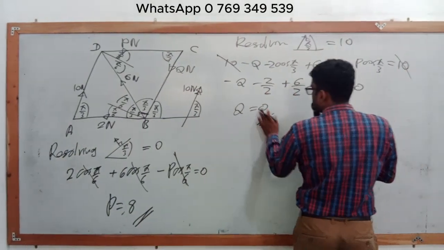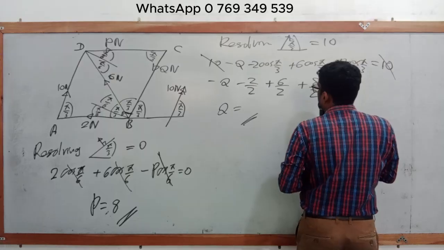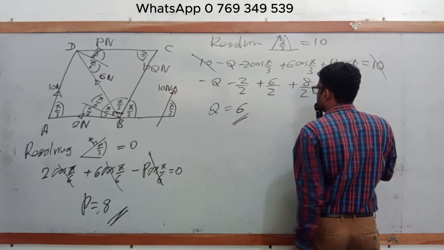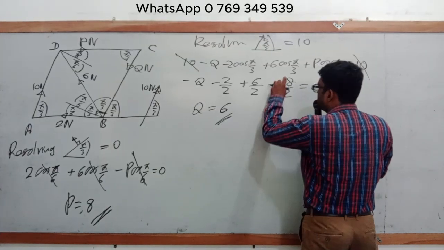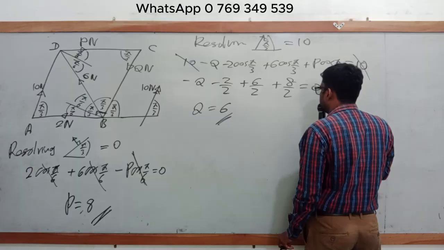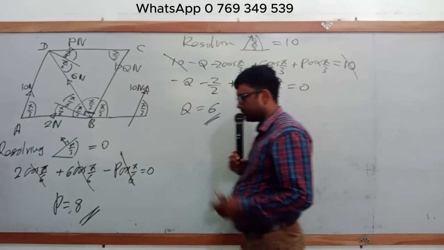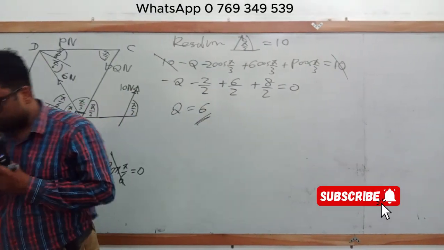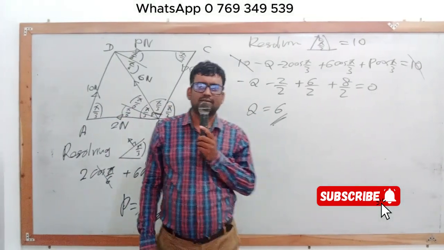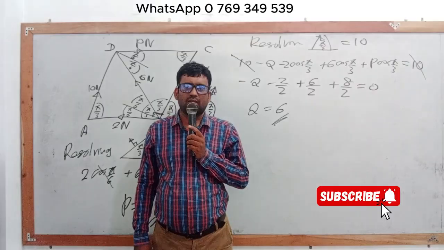That is 14, minus 2 is 12, 12 divided by 2 is 6. q is 6. That is the answer. Right, altogether finished.